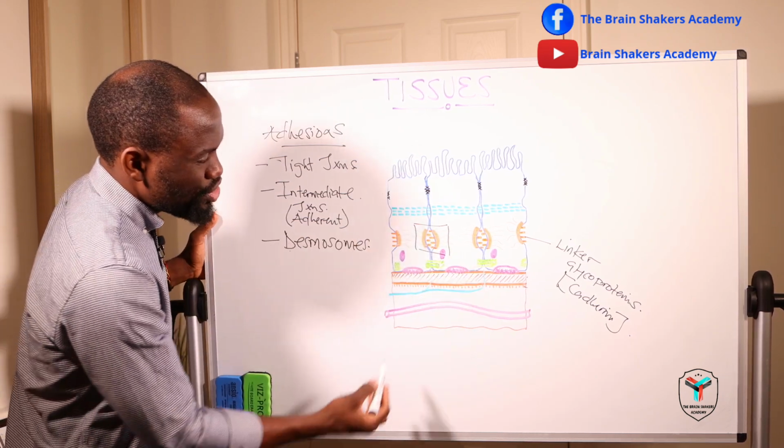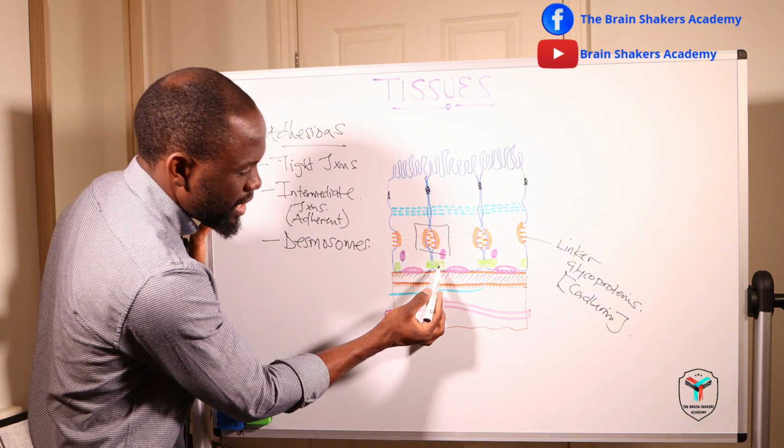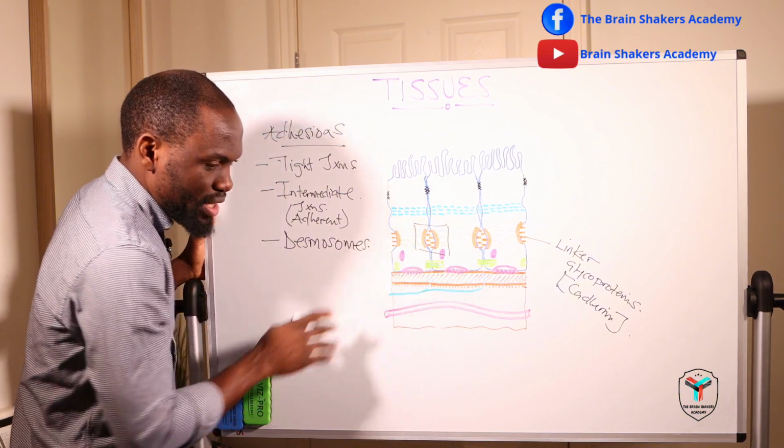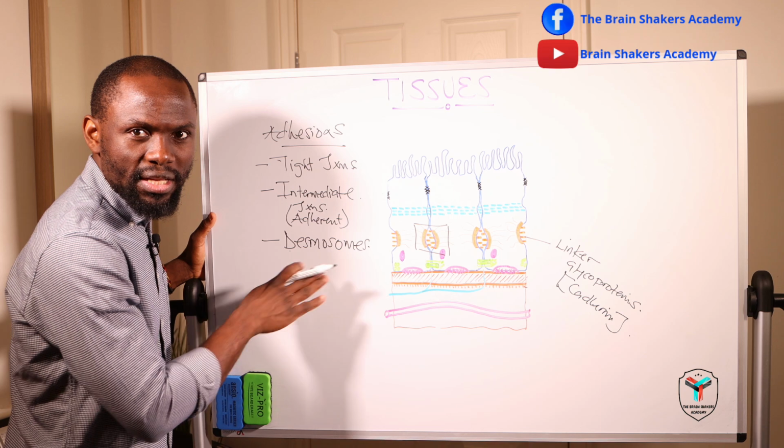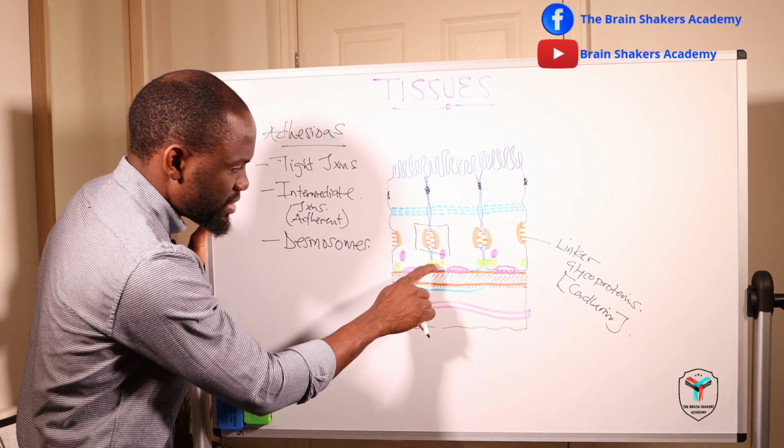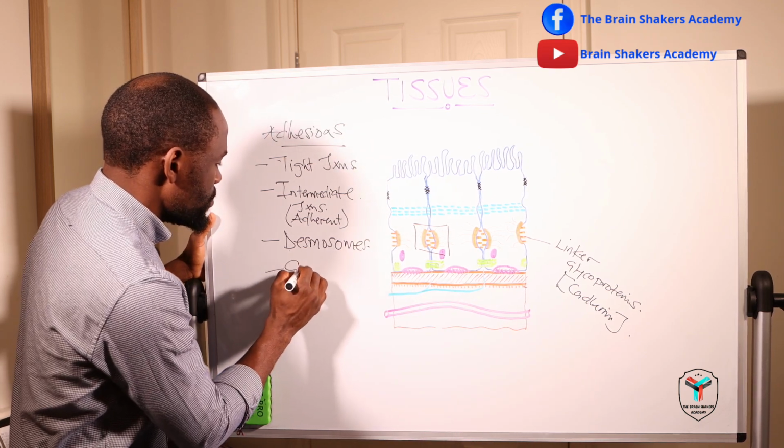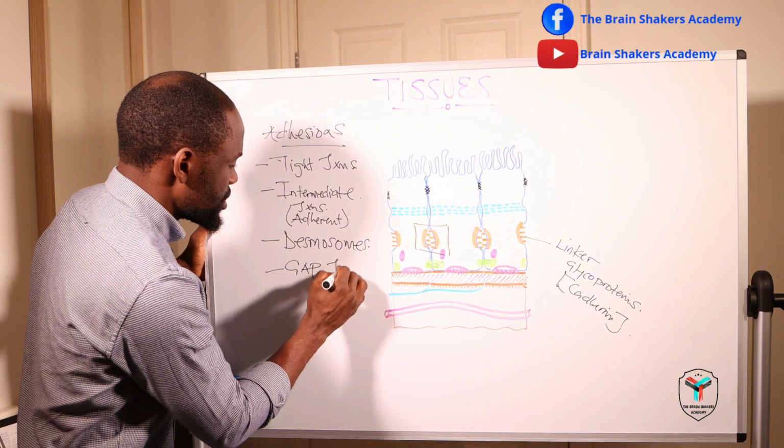From the desmosomes, you also have what is known as gap junctions, which are more in the form of connexons, connecting cell to cell. These are what we are referring to as the gap junctions.